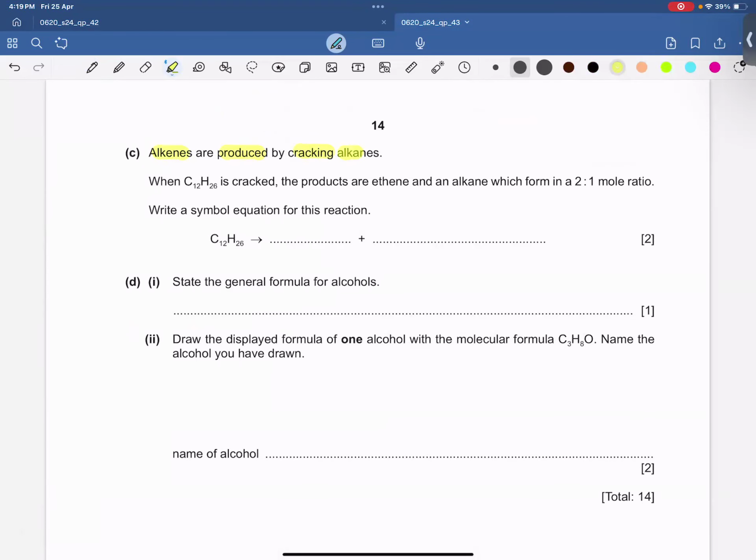alkenes are produced by cracking alkanes. When C12H26 is cracked, the products are ethene and an alkane, which form in a 2:1 molar ratio. Write the simple equation for this reaction. C12 is dodecane. Dodecane will turn to ethene, which is C2H4, and an alkane. So what's left here? We have 12 carbons, we have 2 carbons, so 10 carbon atoms left. Total 26 hydrogen, we have 4 here. How much left?